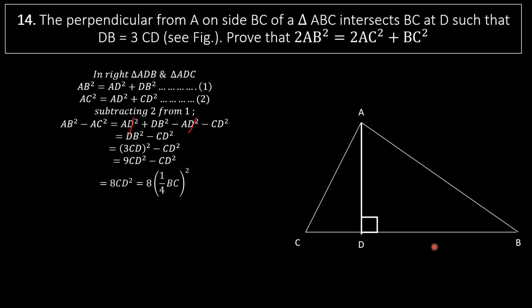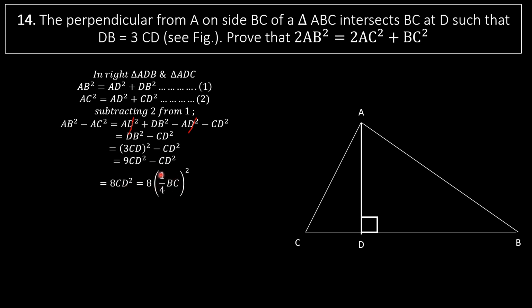Understood this? We are given that DB is equal to 3 times CD, means total 3 CDs are here. And we see BC total equal parts are 4, and CD is 1 out of those 4 parts. So CD can be written as 1 upon 4 BC here.